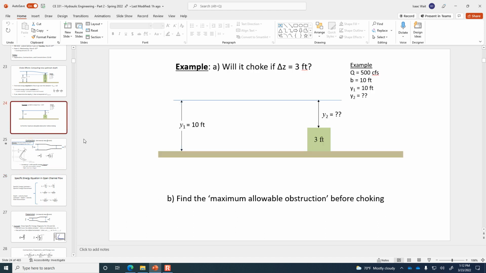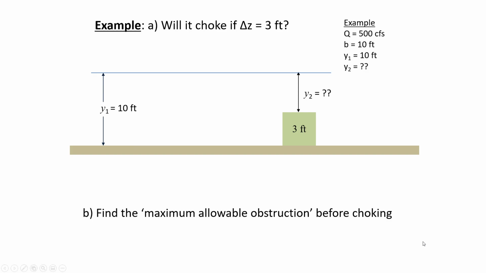In the case we're looking at right now, let me write it in terms of Q squared divided by 2g A squared.